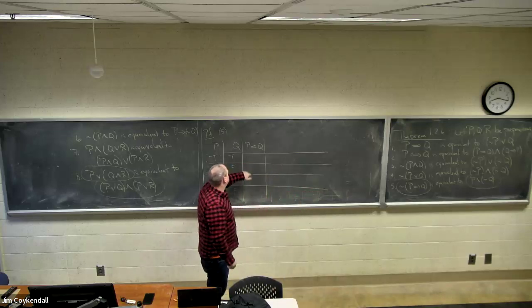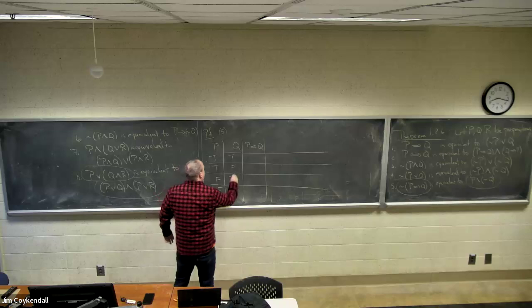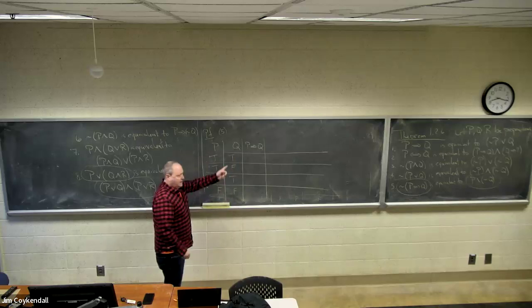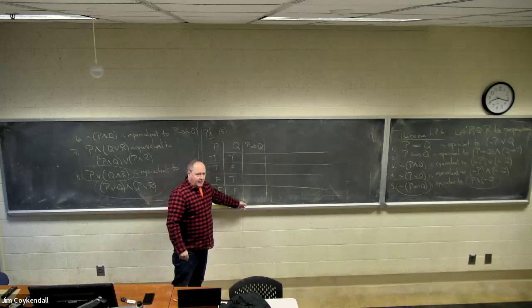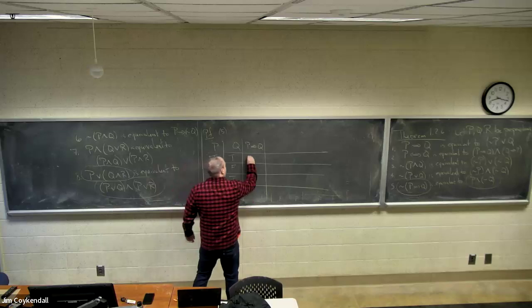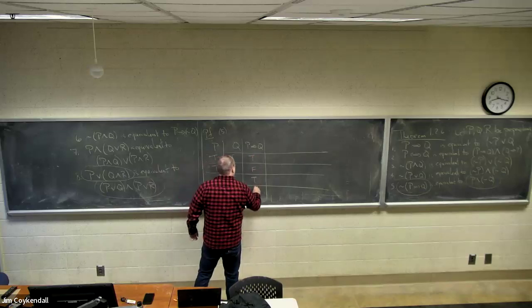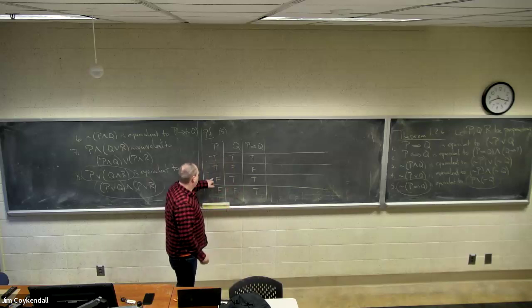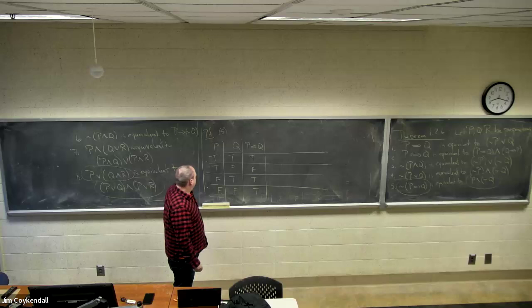P implies Q. How should P implies Q read here? Correct. True, false, true, true, because if you start with false, you get true. Everybody okay with that?